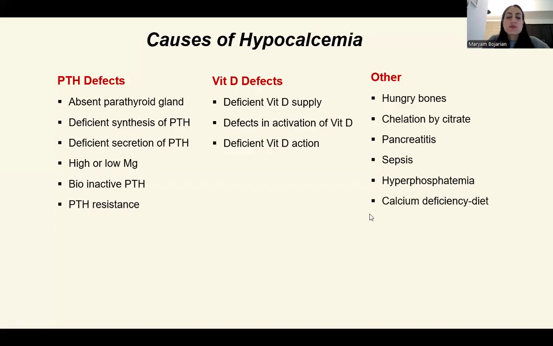We do not usually see hypermagnesemia, but in one situation we do, and this is in the setting of preeclampsia, like pregnant women receiving magnesium sulfate for preeclampsia. In this situation we sometimes see hypermagnesemia and, as a result, hypocalcemia. So make sure that you always take a look at the magnesium when you're dealing with a patient with hypocalcemia.